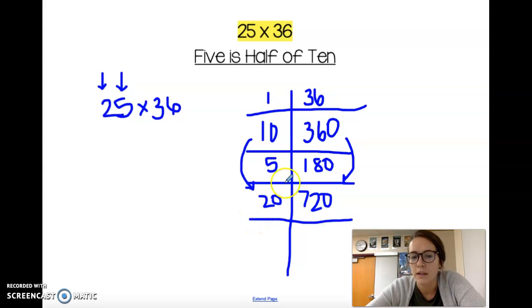So my final step now is I want to find what 36 times 25 is. Well, I already found out what 20 times 36 is, and I found what 5 times 36 is. So I just need to add these numbers together. Zeros, 8 plus 2 is 10. So I'm going to have another 100, and I got the answer 900.